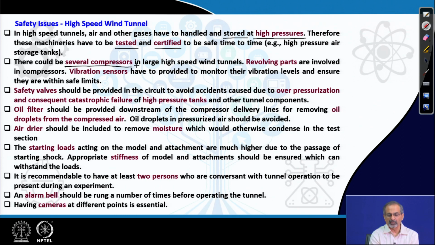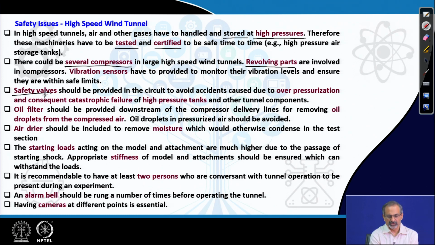Usually, there are several compressors in large facilities, and these have revolving parts, and vibration sensors have to be provided to monitor their vibration levels and ensure that they are within safe limits. Otherwise, they need to undergo some maintenance.